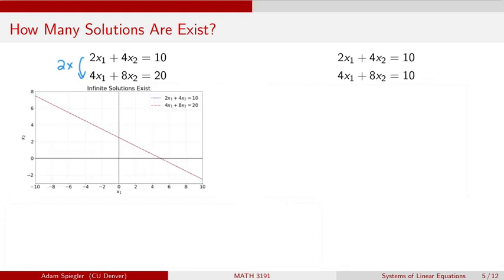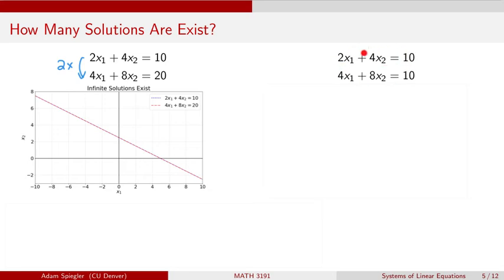So if we graph these two lines, we're just graphing the same line twice, right on top of each other. Any point that's on one of the lines is also a point on the second line. So there's an infinite number of points that lie on both of these lines, and all of them would be a solution. Here's a case where we have an infinite number of solutions. Not every single point in the plane is a solution, but we have an entire line of solutions.